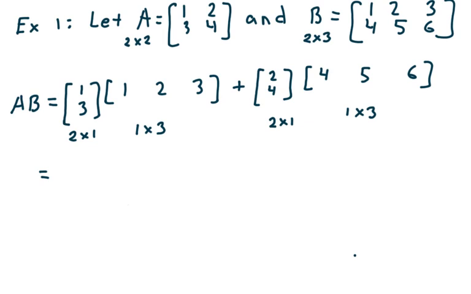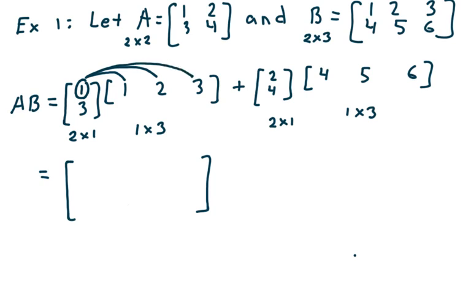Now, we're going to do a little matrix multiplication. To get the first row of the product, I'm going to take 1 times every single one of these entries in the matrix 1, 2, 3.